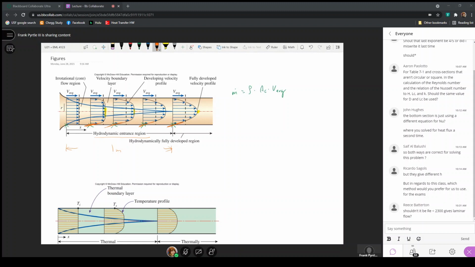And then for the other half, the velocity profile is a constant, and thus the pressure drop will be a constant for the fully developed region.